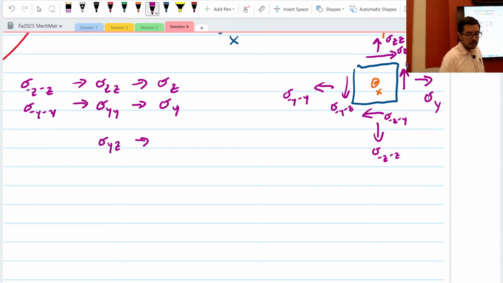We don't write it this way. Y and z are not the same, and so we introduce another variable to make it more interesting called tau. Tau is what we use for what we call a shear stress.